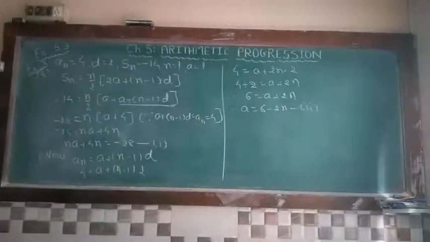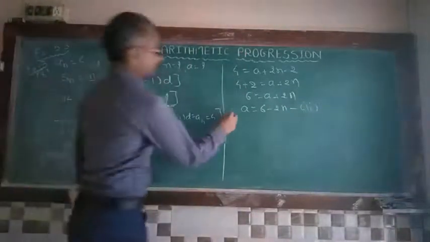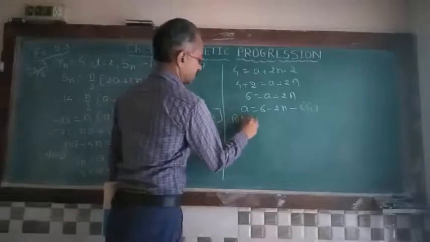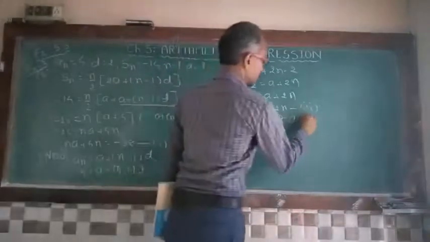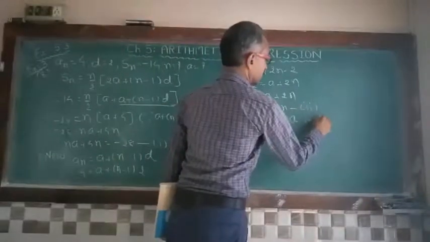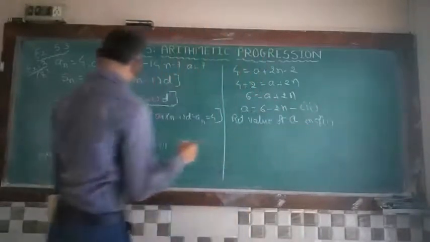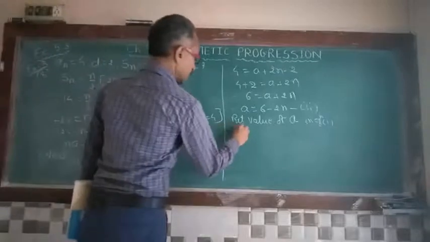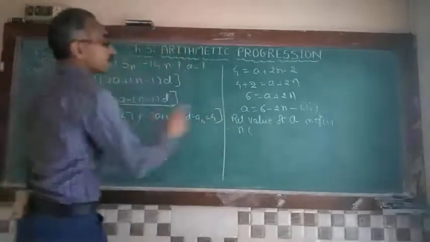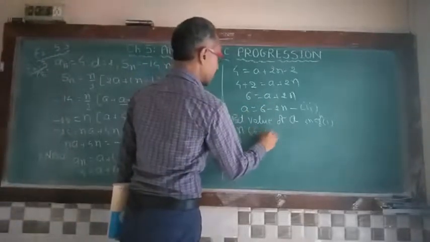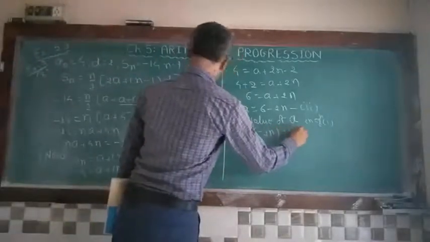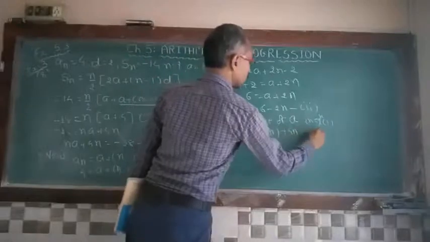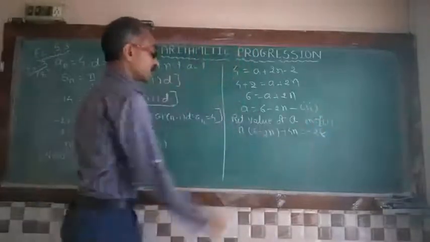Put the value of a into equation 1. So here n into a, the value of a is 6 minus 2n, plus 4n is equal to minus 28.